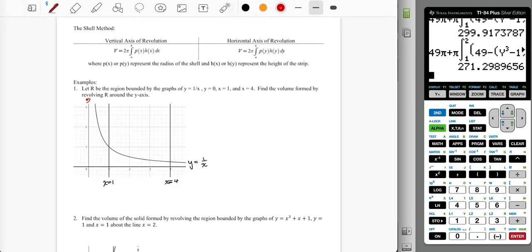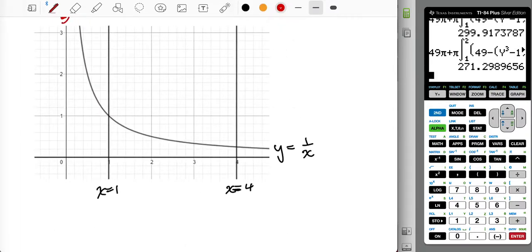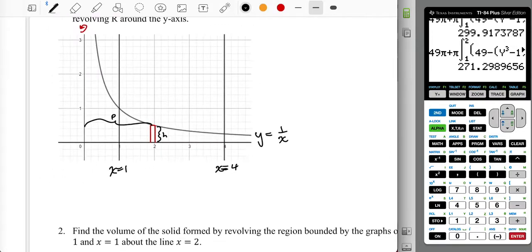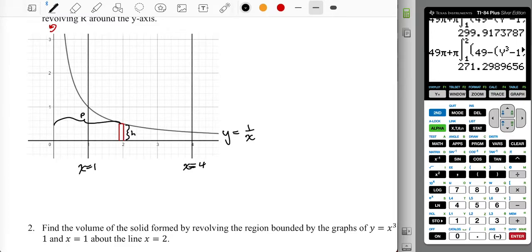So what I want to do is create a rectangle that's parallel to my axis of revolution. Determine the height of that rectangle. That's going to be h. And determine the distance p from the axis of revolution. The axis of revolution, again, is the y-axis.